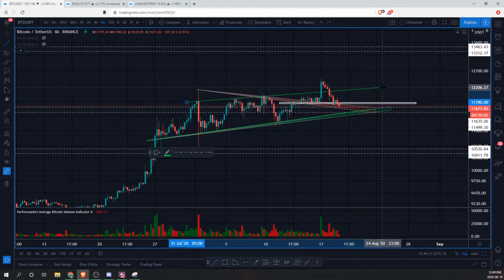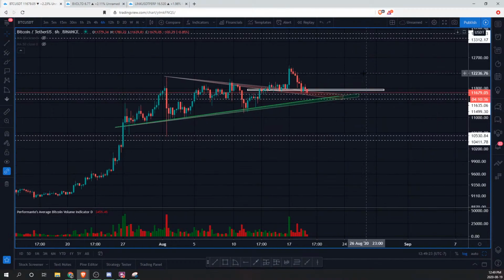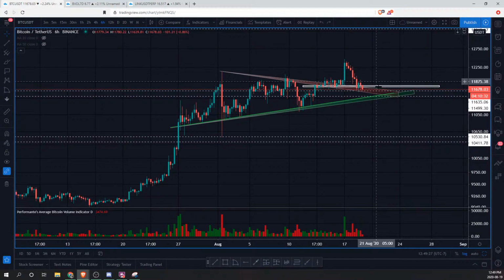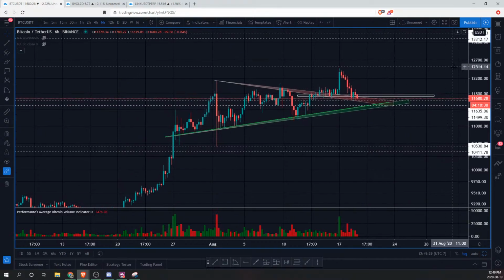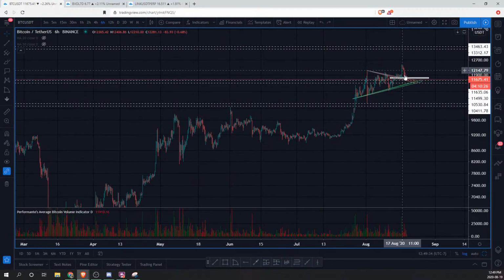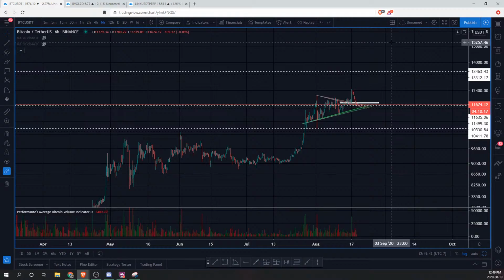Let's just draw this. It did break out of that zone, yeah. I'm going to hold on to my initial idea, where I think it's still going to hold this zone and continue to move towards the upside. This is its first real major consolidation structure before the next potential push, because this is a first impulsive push. I think we're going to get another one and maybe even potentially a third.